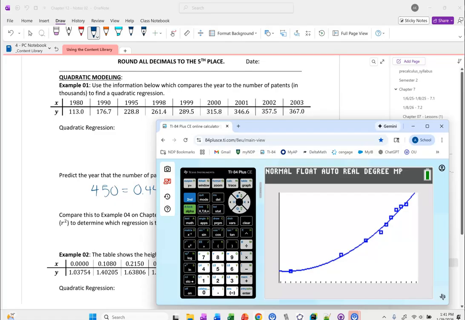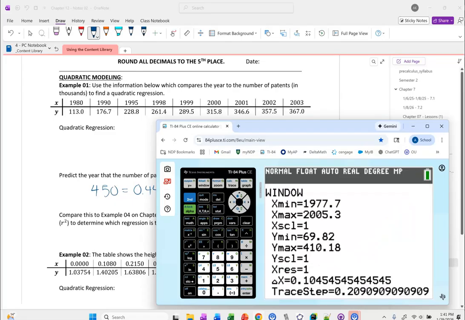There's just one line. Why not? If I look at the window, what is the maximum Y value? 410. Where's the 450 at? It's off the screen, right? Let's just make that Y max 500.